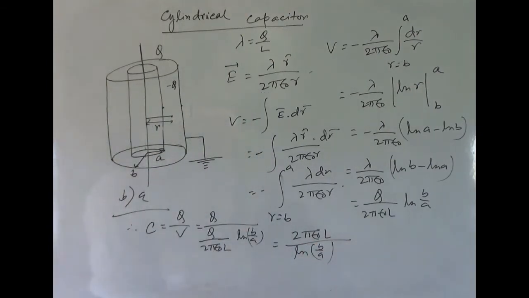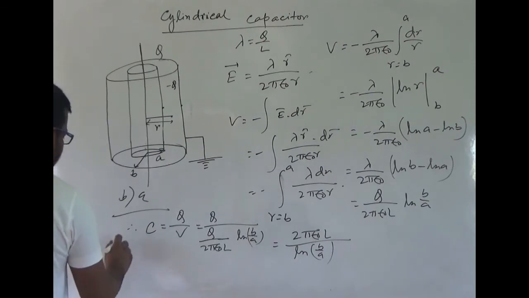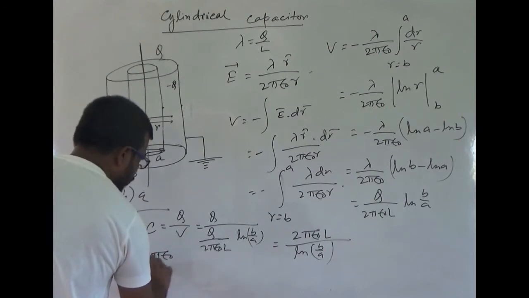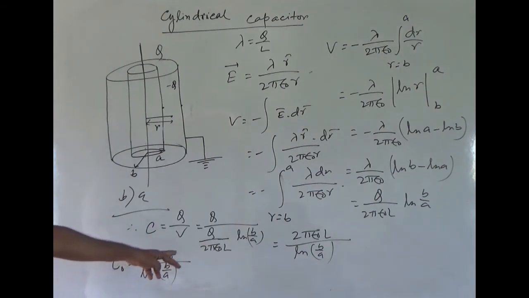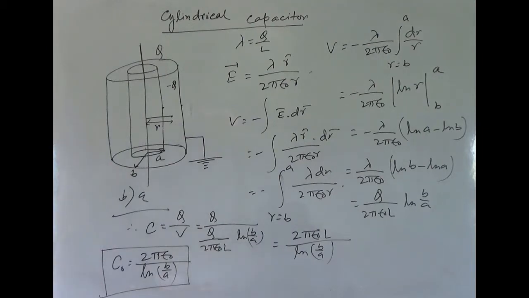Q cancels out, and the capacitance per unit length of the cylindrical capacitor is C by L, where L cancels out. So we get C0, the capacitance of a cylindrical conductor per unit length, equal to 2 pi epsilon naught divided by log b by a.